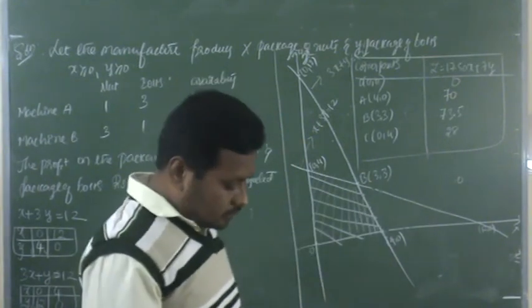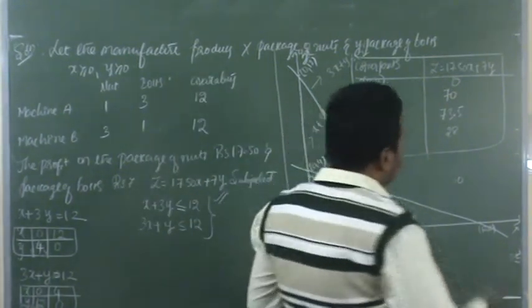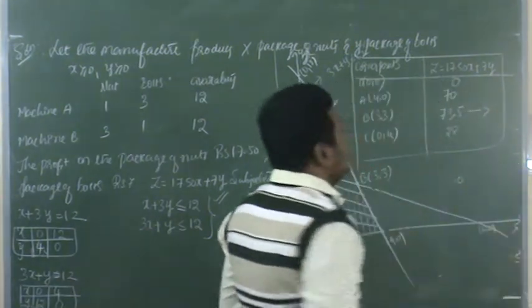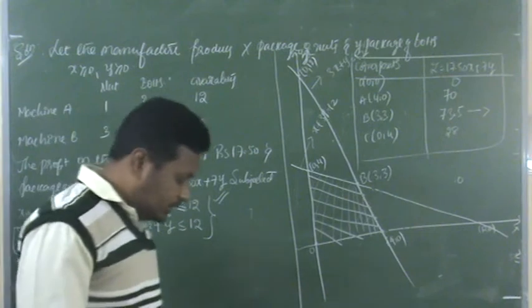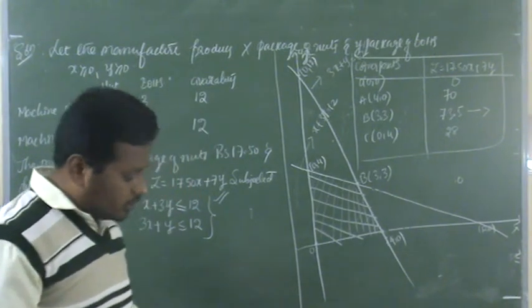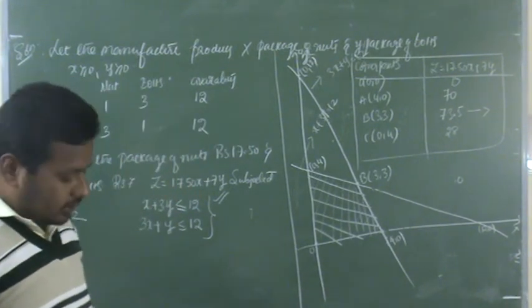Therefore the maximum is 73.5 at the point (3, 3).